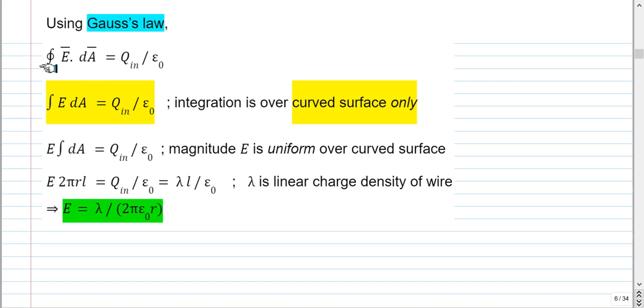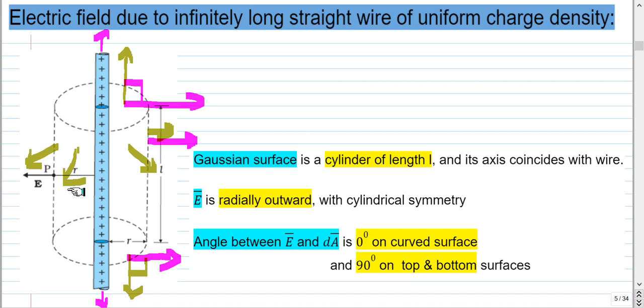So the integral over the closed surface becomes the integral over the curved surface only. On the curved surface, the magnitude of the electric field is the same at all points because all points are at the same distance r from the wire. So the electric field comes out of the integral sign. The integral reduces to the integral of dA, which is the total curved surface area, 2 pi r L, where r is the radius of the Gaussian cylinder and L is the length of the Gaussian cylinder.